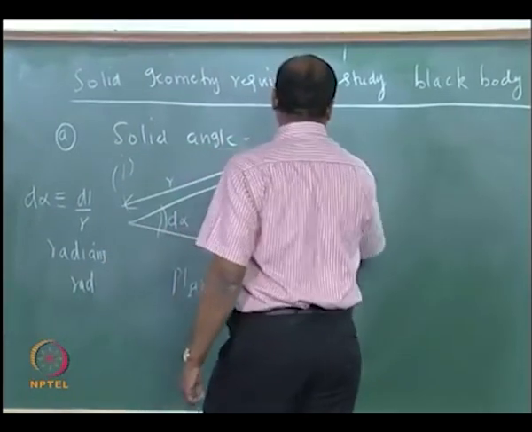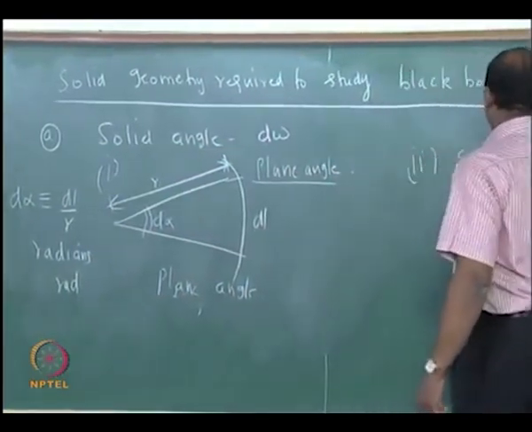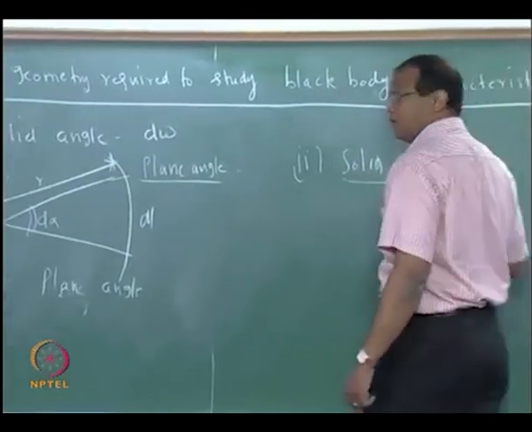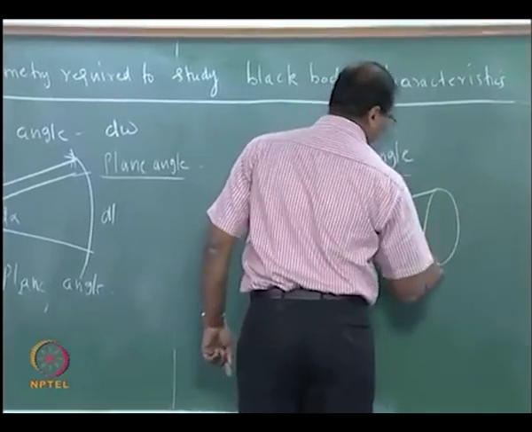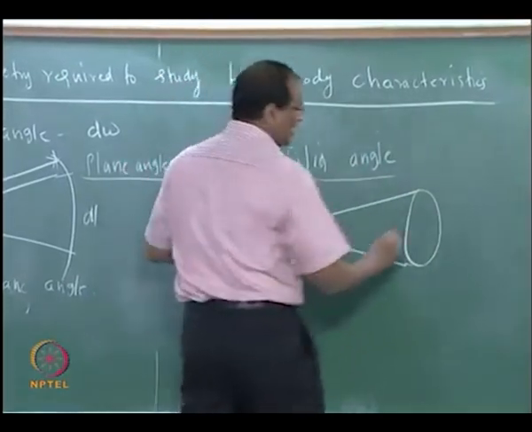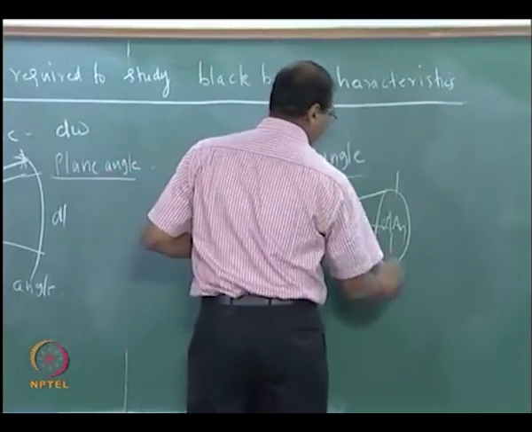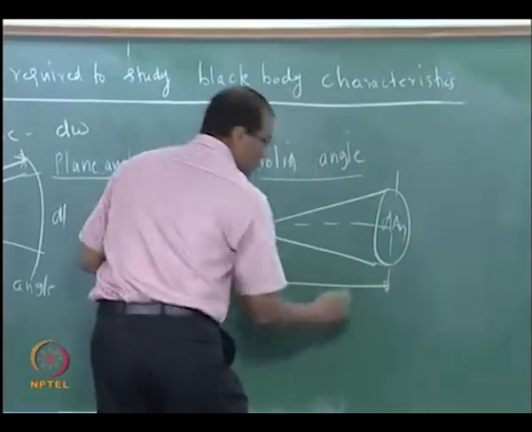So second, the solid angle. This is area DAN, that is area normal. This is the radius r.